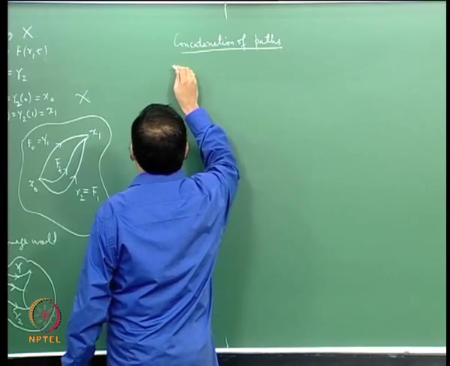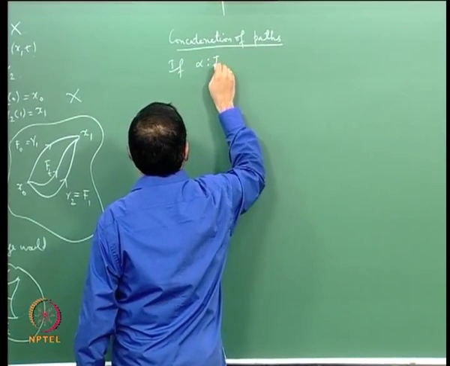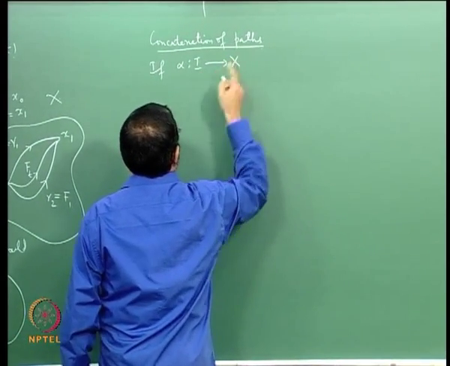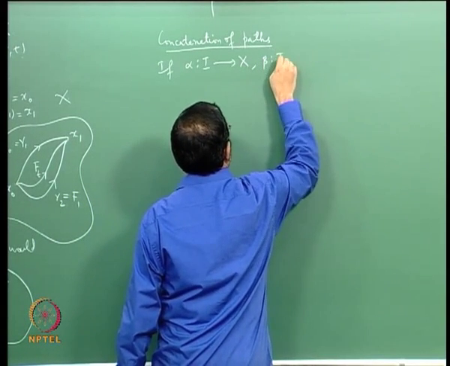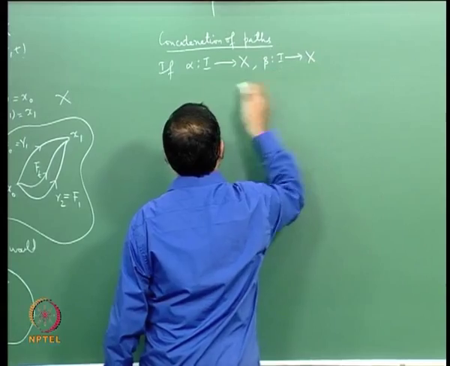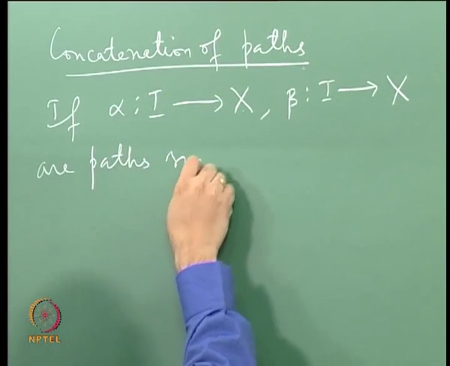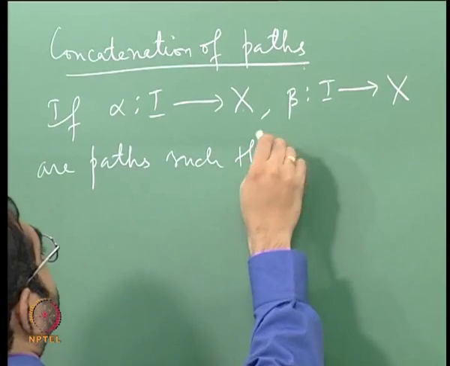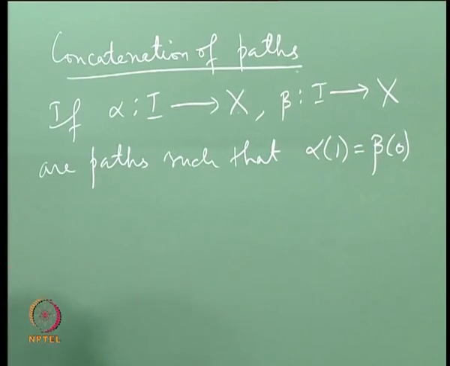So suppose alpha is a path in X, and beta is another path in X, such that the endpoint of alpha is the initial point of beta, okay.